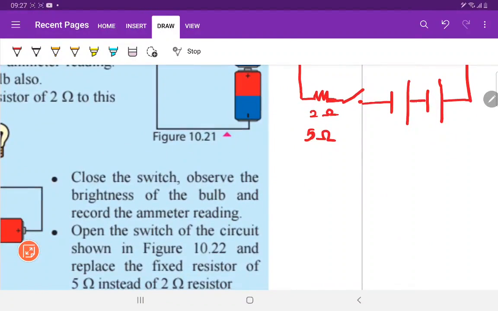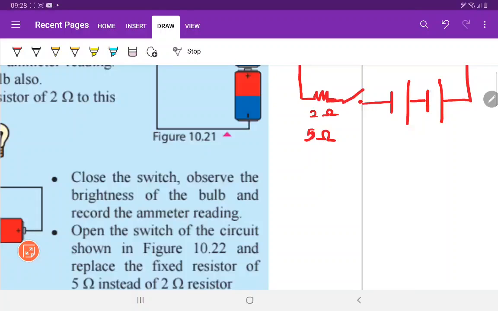And if you connect a fixed resistor of 2 ohm, the current flowing through that circuit will be less, because there is an obstacle to the electric current. With the 2 ohm resistor, the brightness of the bulb will decrease a little bit. If you connect a 5 ohm resistor, it will decrease more, because there is more obstacle. There is a relationship between the resistance and the current flowing.